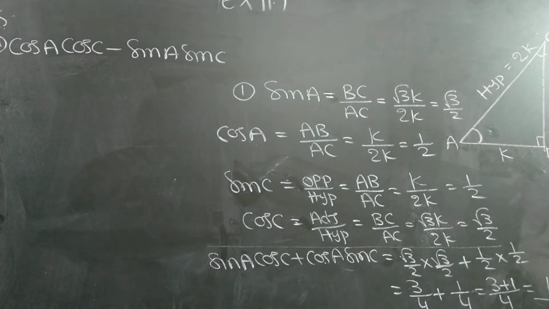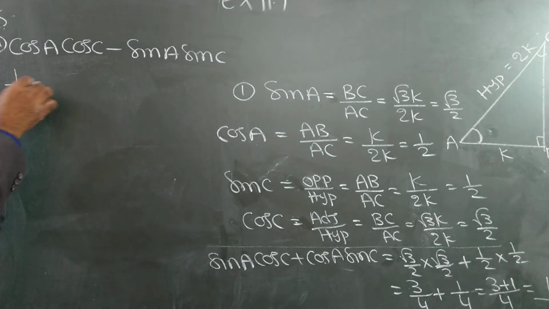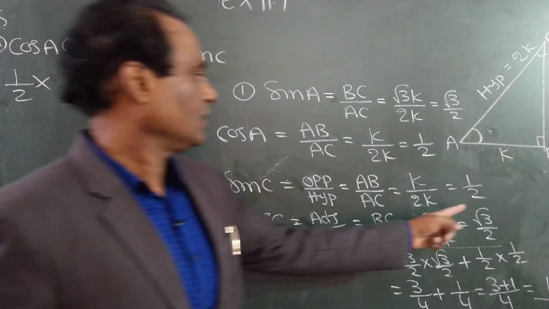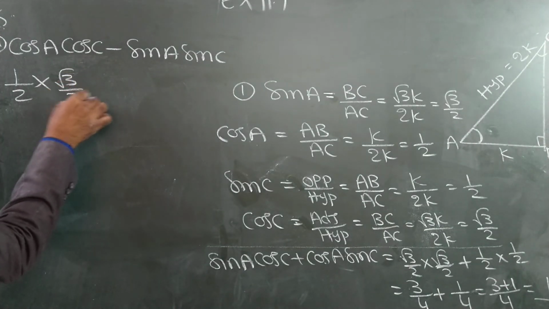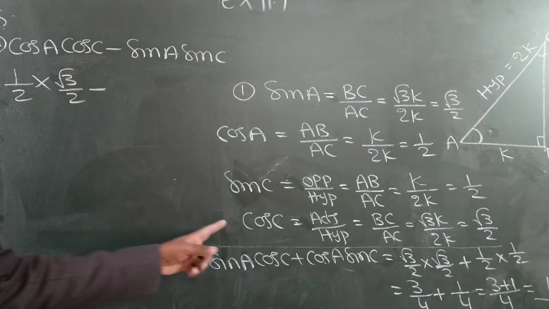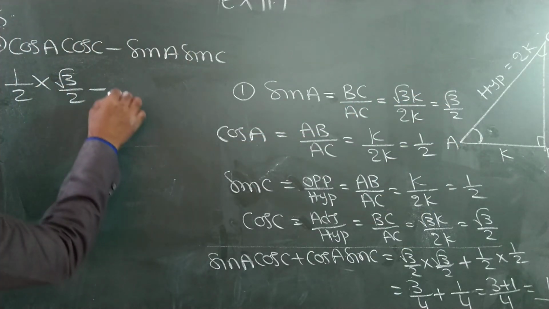Cos A is 1 by 2. Cos C is root 3 by 2. Sin A is root 3 by 2.